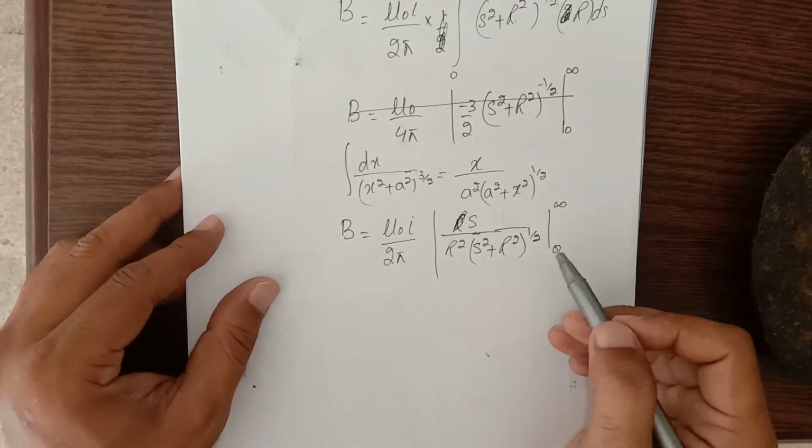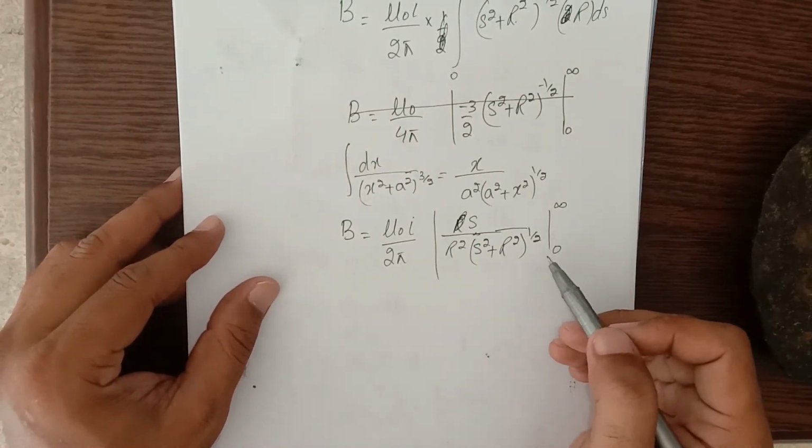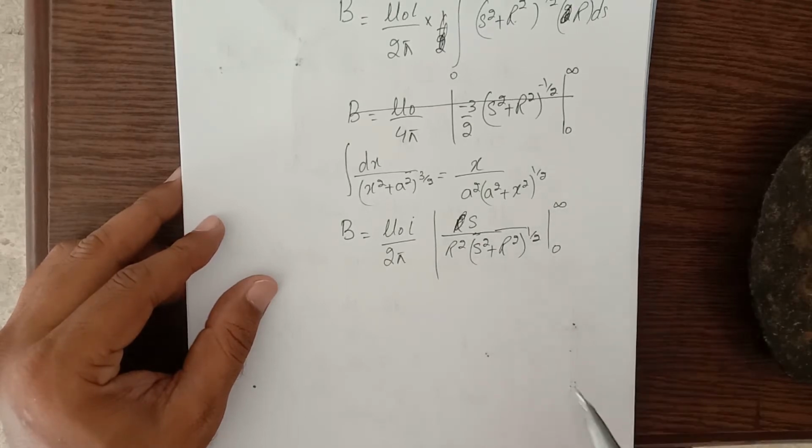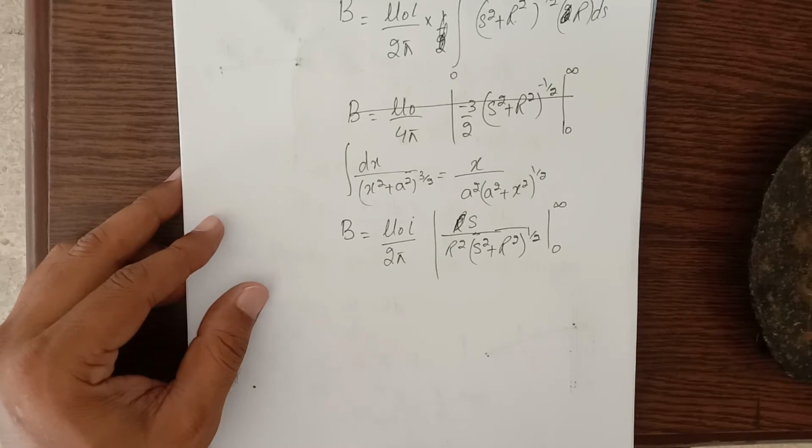And when you substitute these limits into this equation, you can get the magnetic field due to this whole current element.